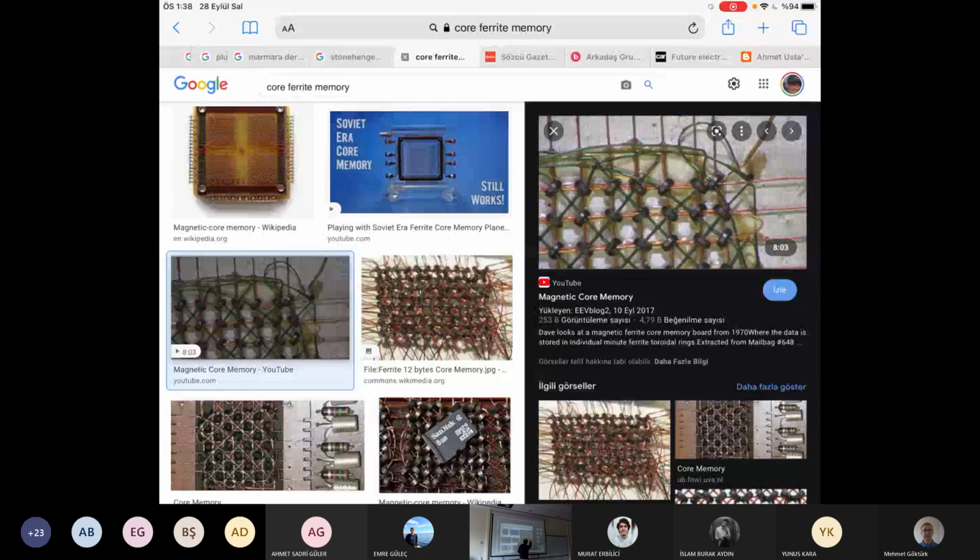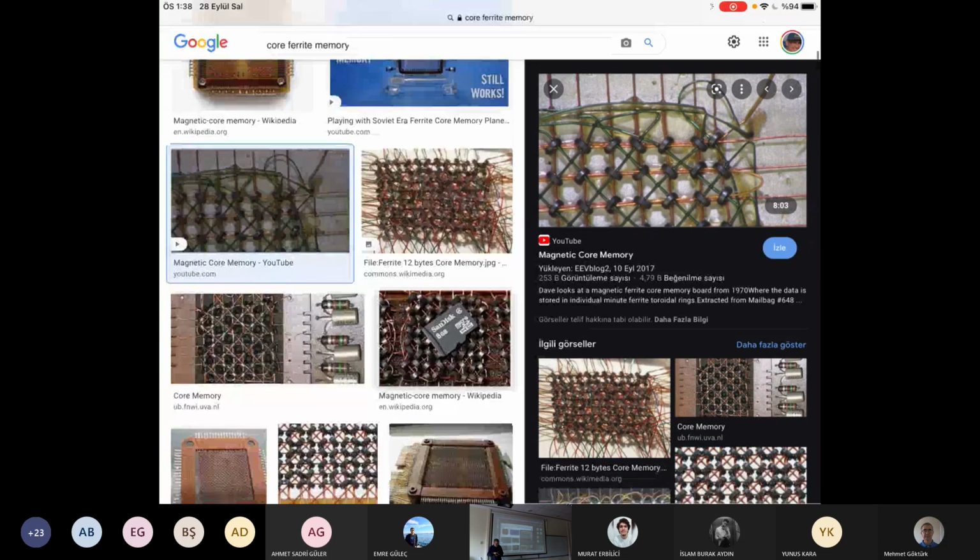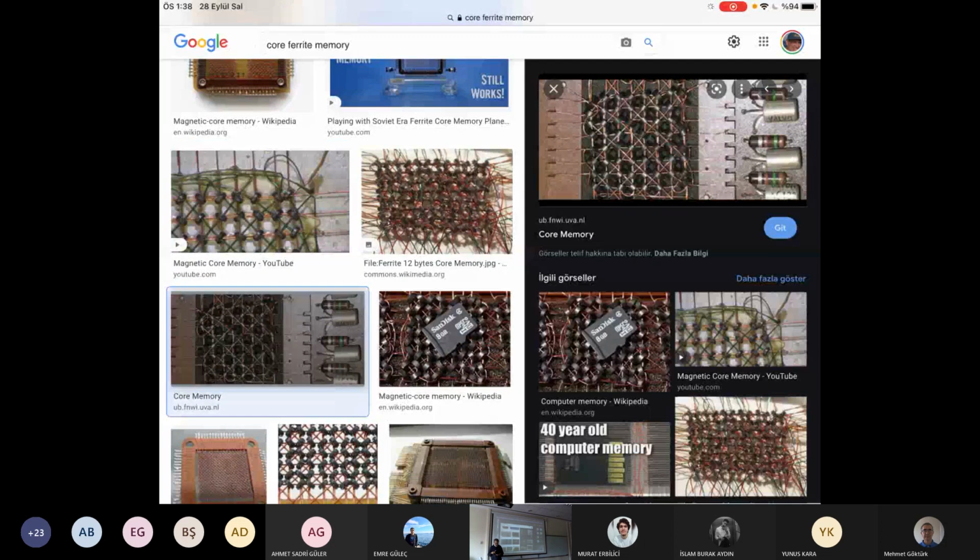Okay, so these are the small cores, and each of them stores 1 bit. They made arrays with this, and for example, the Apollo program computers used this type of memory.